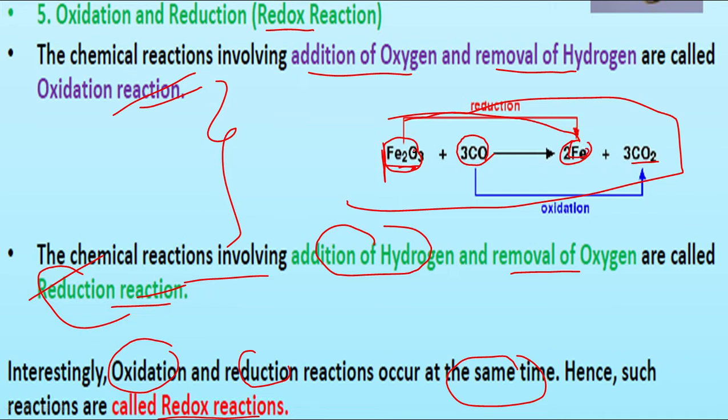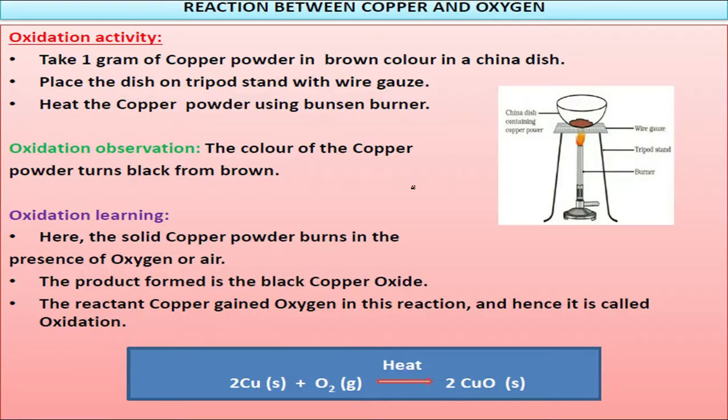The loss of oxygen means reduction, and carbon monoxide is getting converted to carbon dioxide gas. It means there is a gain of oxygen. Wherever there is a gain of oxygen, that process is called oxidation. So both oxidation and reduction processes are taking place simultaneously, and that's why this reaction is an example of redox reaction.